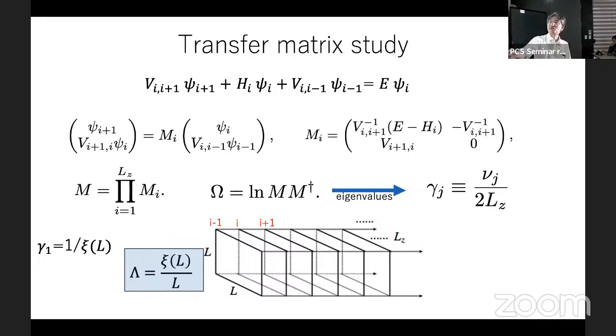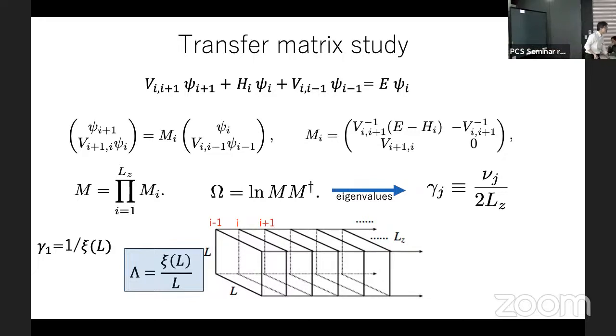And M_i is multiplied to get M, which relates the wave function here and the wave function at L_z. And we define omega as log of M M dagger and obtain the eigenvalue of this divided by 2L_z to obtain the Lyapunov exponent gamma.